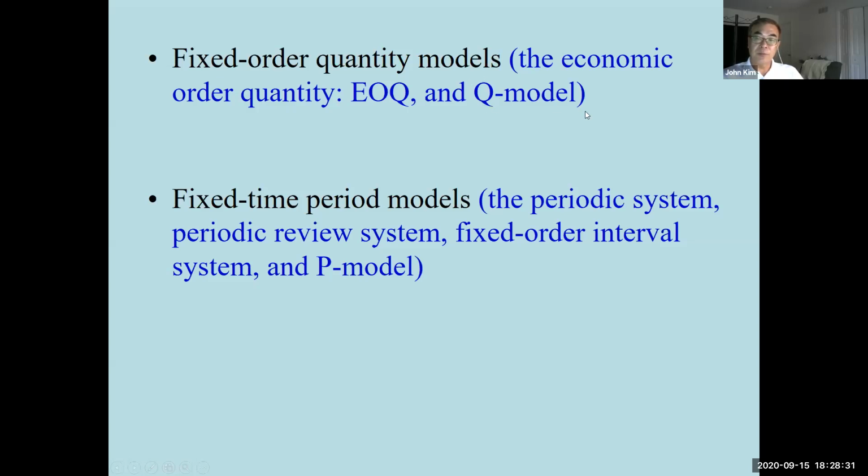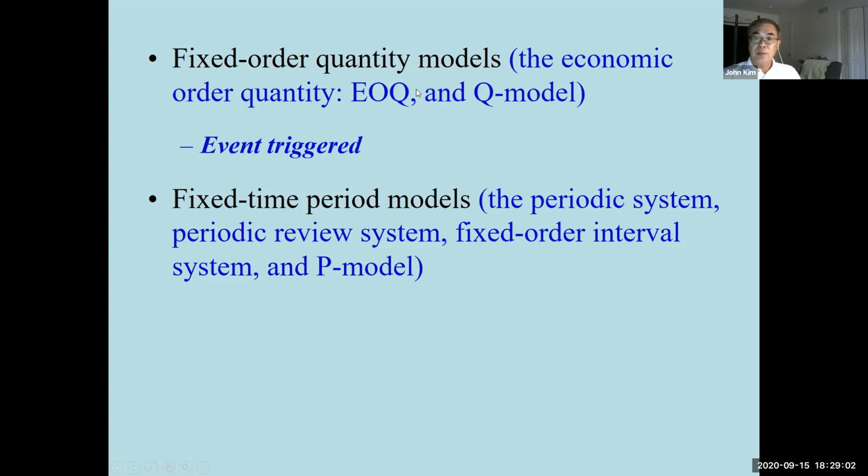And then fixed time period model: fix the term, like every week, every 10 days, every 30 days. Time comes and then place order and so on. We call this the periodic system, periodic review system, fixed order interval system, or P model, because we fix the period.